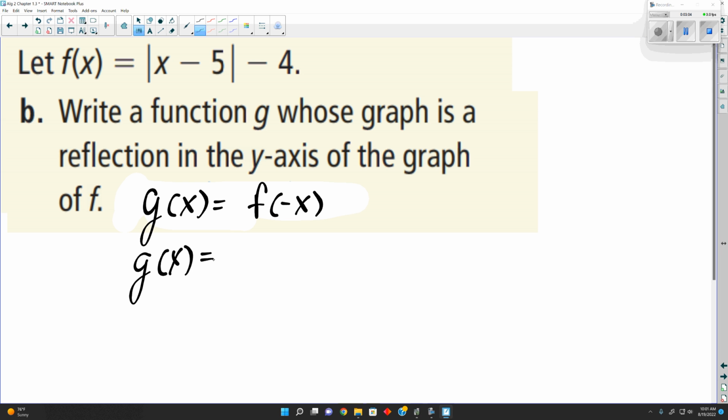Now, since we have f of negative x, we need to replace every x in the function with negative x. So we'll take our function, the absolute value of x minus 5 minus 4, and we'll get parentheses negative x minus 5 minus 4.